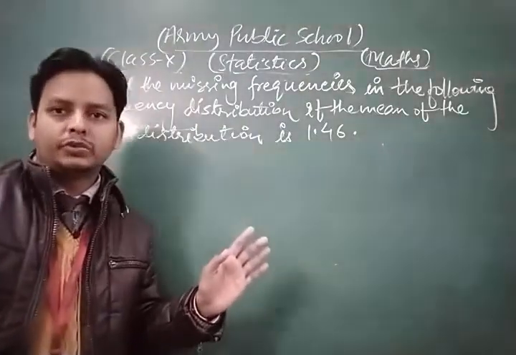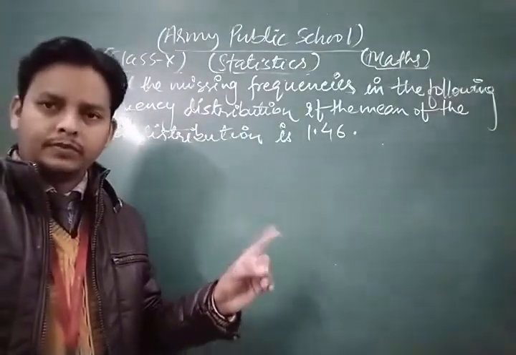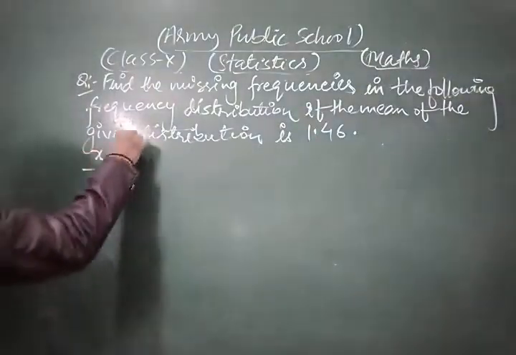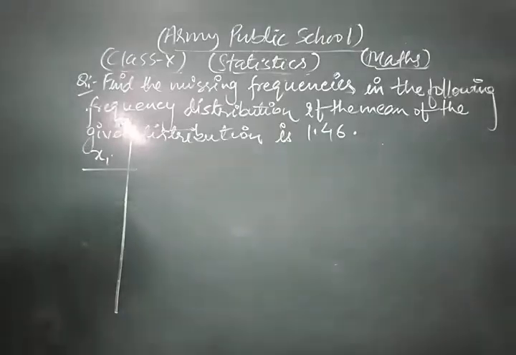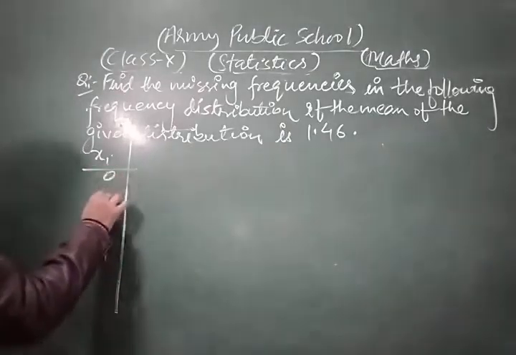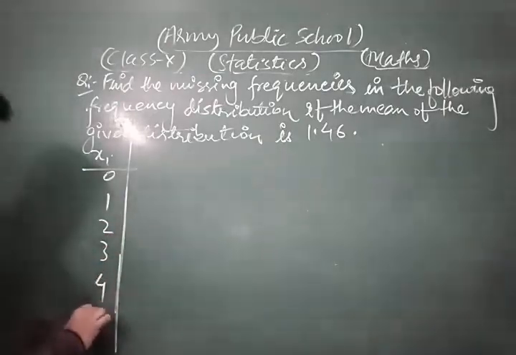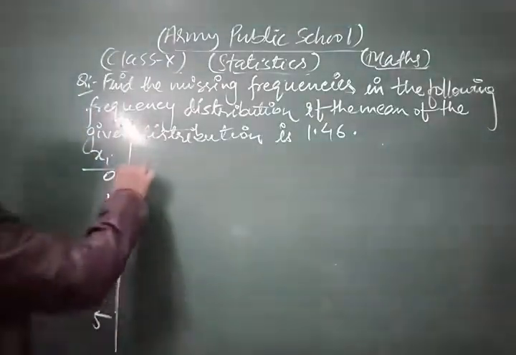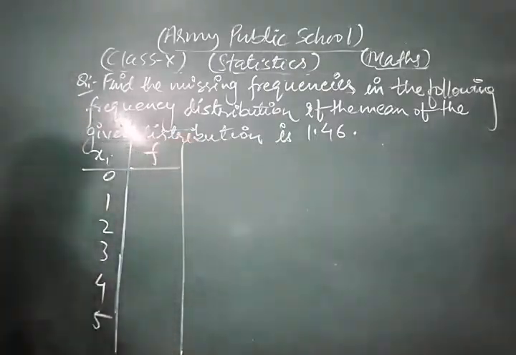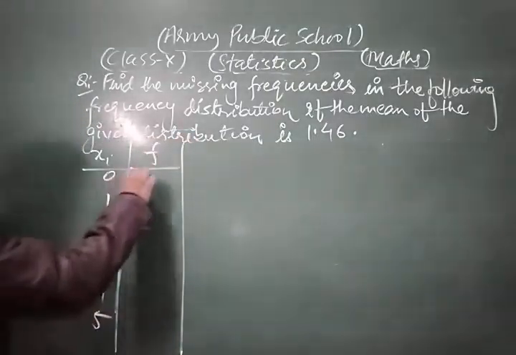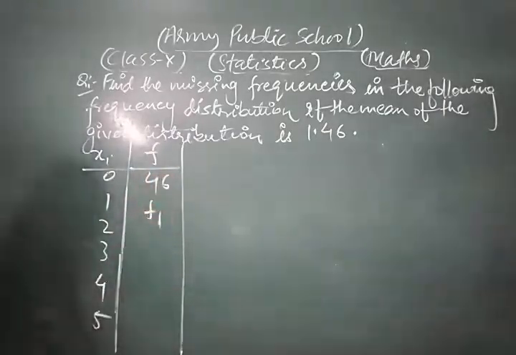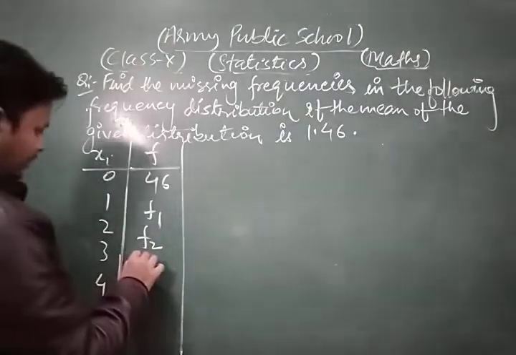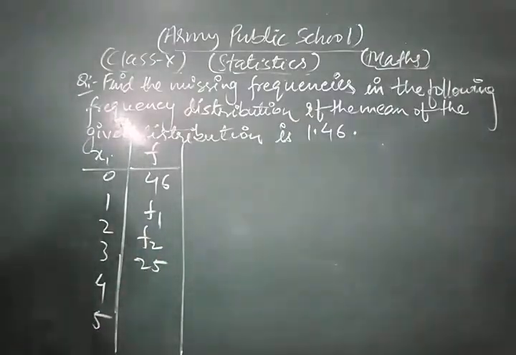Now look, the distribution is given: each xi is 0, 1, 2, 3, 4, 5, and their corresponding frequencies f are 46, then f1 here, f2 here, then 25, 10, 5.